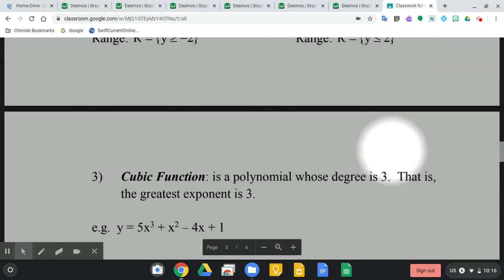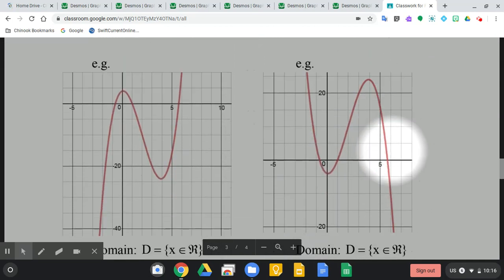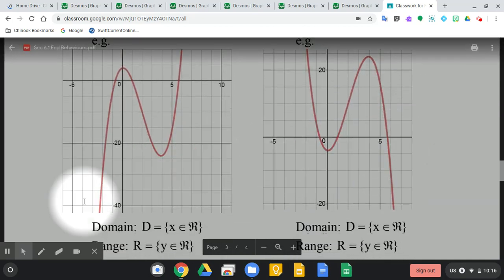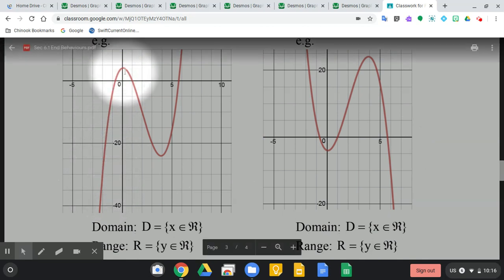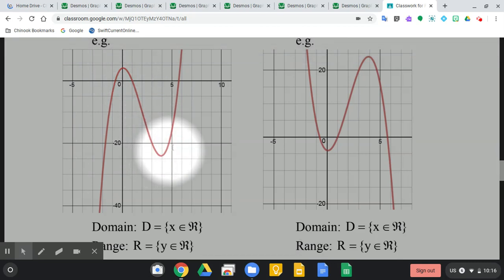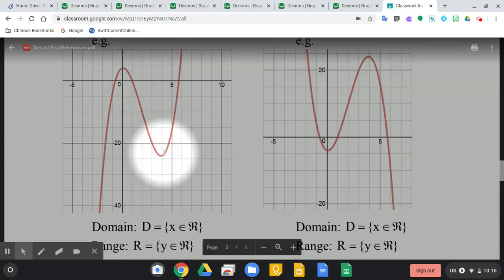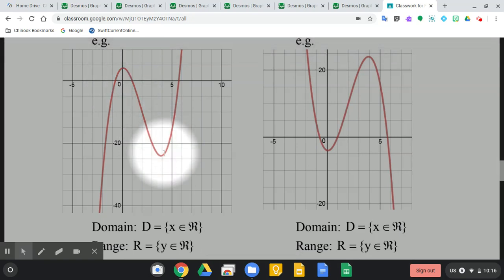If I look at our cubic functions that we had, on the left here, it started in an upward or increasing direction, changed to decreasing, and then got to this point and turned around and went up again. So we say this graph has 2 turning points.